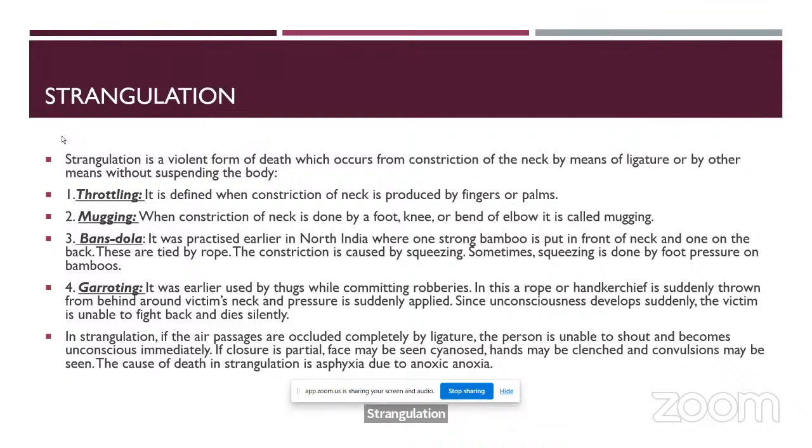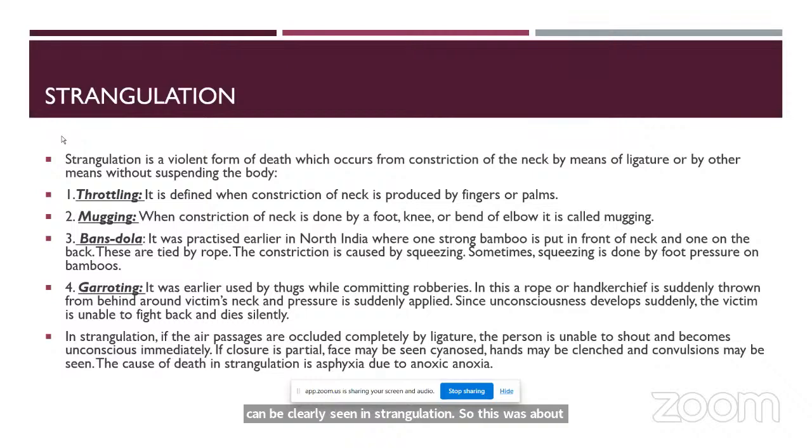Also, defense marks are mostly absent in hanging, because hanging is generally of a suicidal nature. So defense marks are absent in hanging, and can be clearly seen in strangulation.